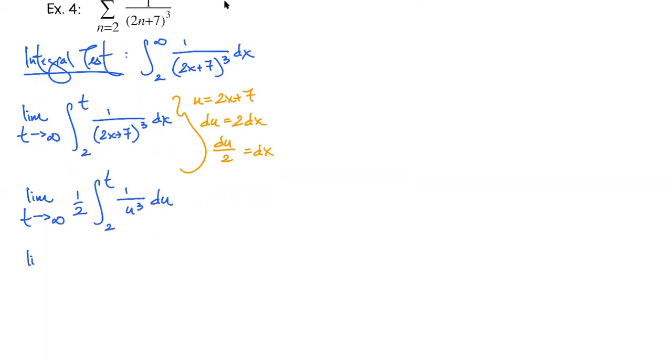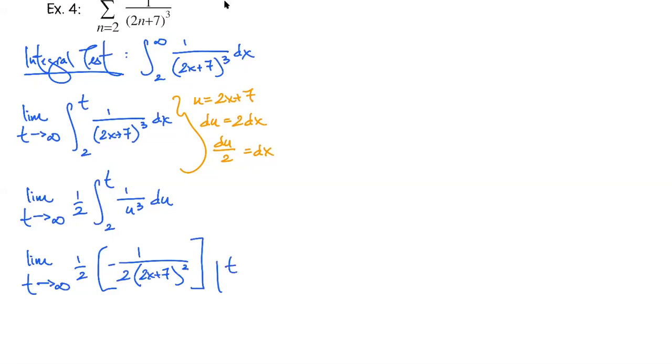So we'll take the limit as t approaches infinity of 1/2. And when I take that integral, I'm going to get negative 1 over 2 times, let's put the u back in, (2x plus 7) squared.